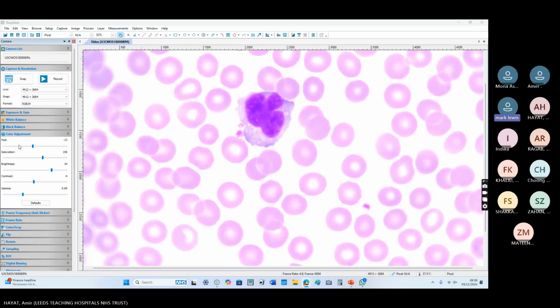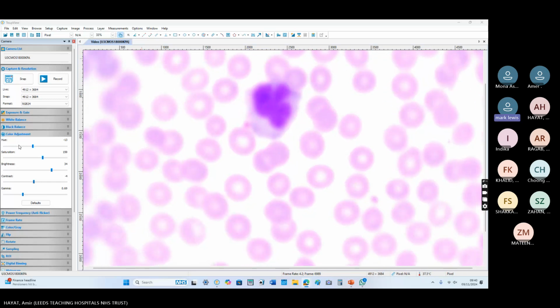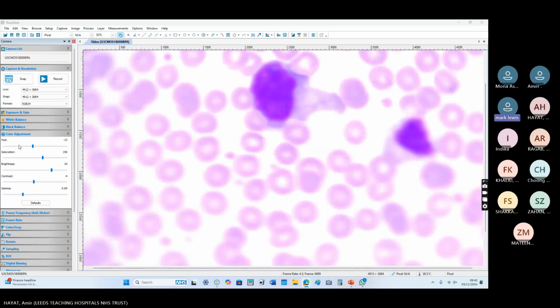Yeah, it looks a bit abnormal. Usually we receive from the lab that there are atypical large lymphocytes in this patient. Looks like a lymphoma. So refer urgently to clinical hematologist. Yeah, they don't look atypical, so I'd rule out glandular fever.